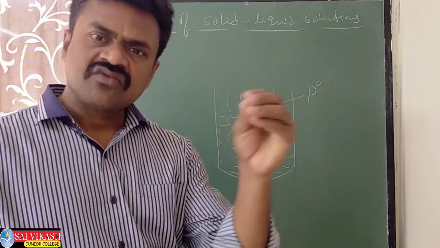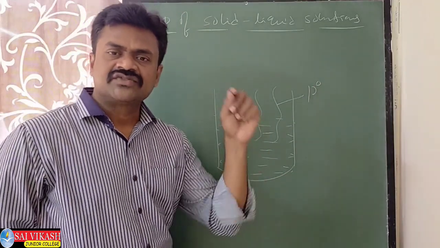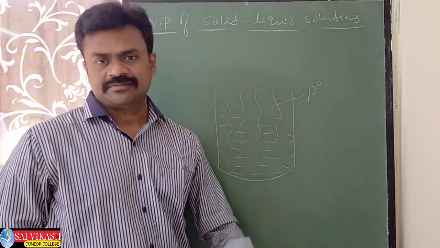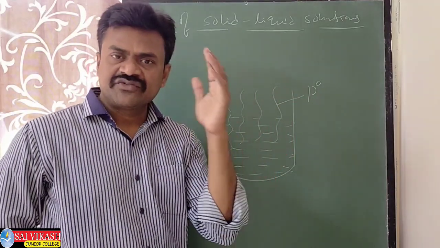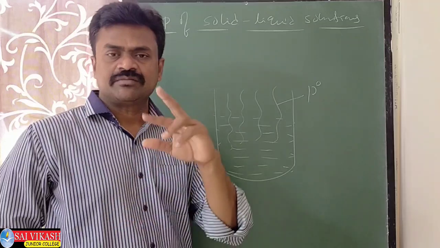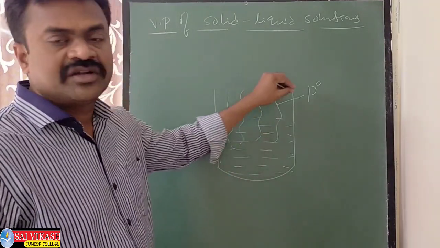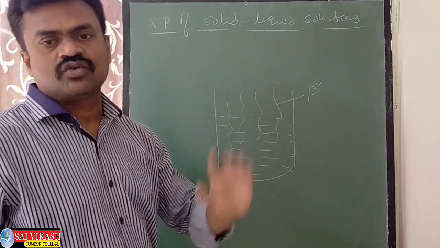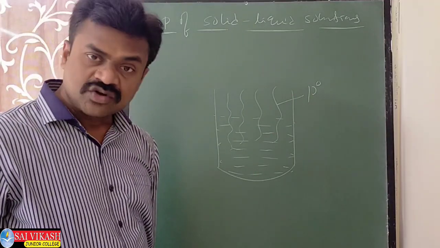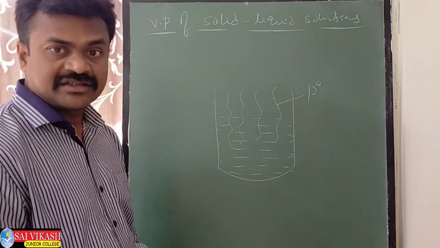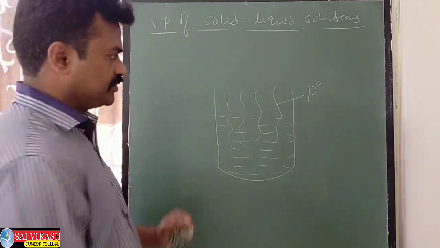These are all non-volatile solutes, meaning vapors will not come from them. In the first category we took liquid solutions, so both were volatile. But here only the solvent is volatile, the solute is not volatile. So I am adding a non-volatile solute.